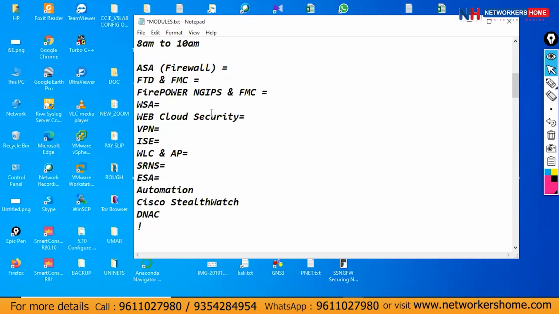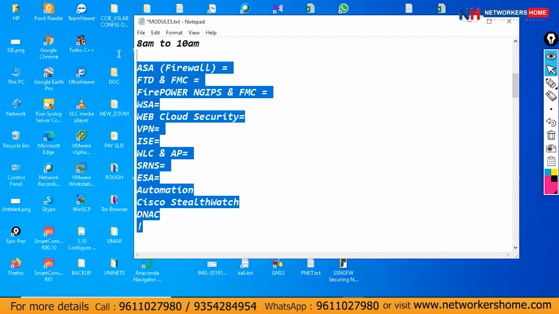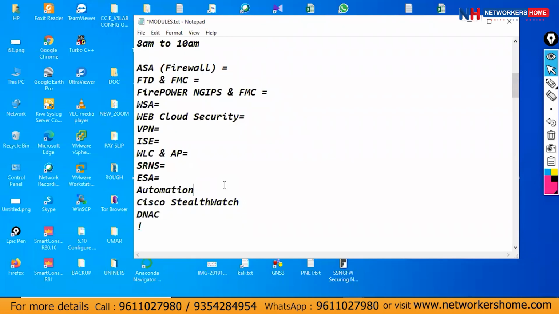Currently, from your CCIE security lab examination perspective, if you ask me what modules are important, I'll say all the modules of your CCIE security are important. In version 5, at least FTD was not there. ESA was not there. Automation wasn't there. Stealth Watch, DNAC wasn't there.